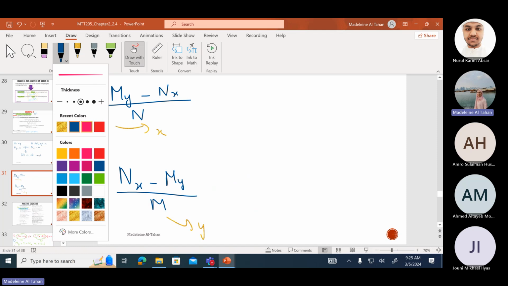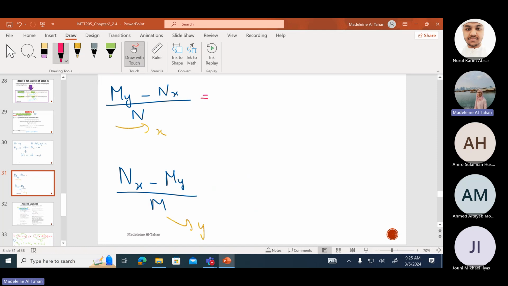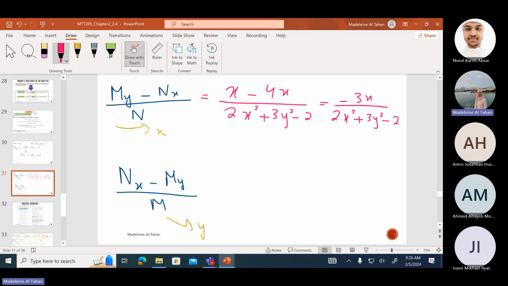Okay, M_y, you told me it's equal to x, right? We found it. Yes. And N_x is 4x, so over M, 2x squared plus 3y squared minus 20, it's 3x over 2x squared plus 3y squared minus 20.